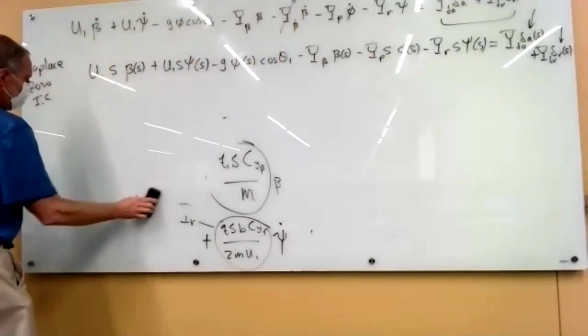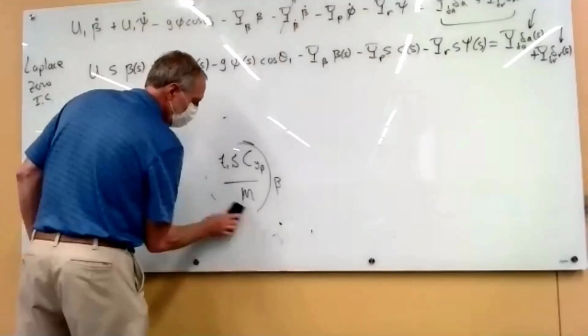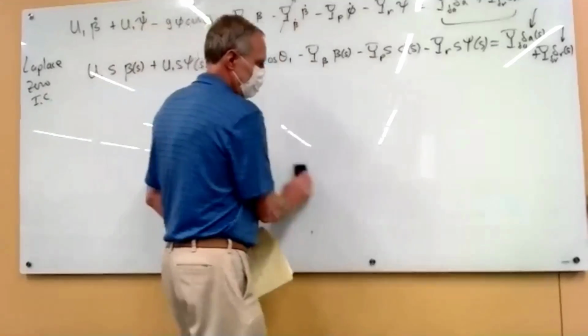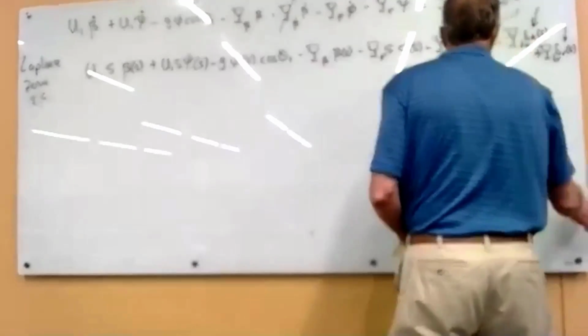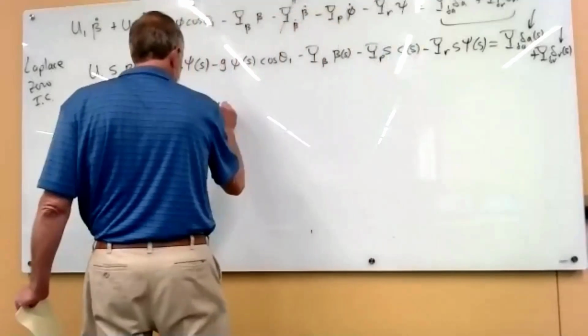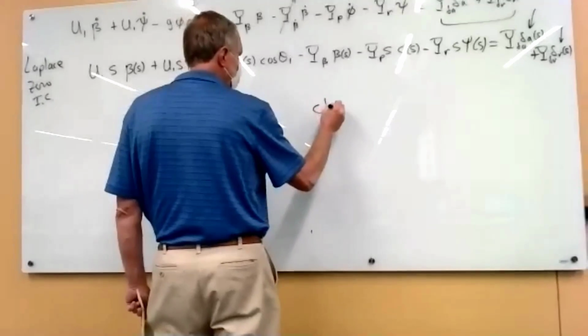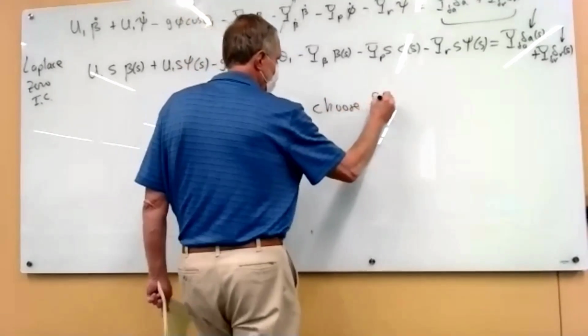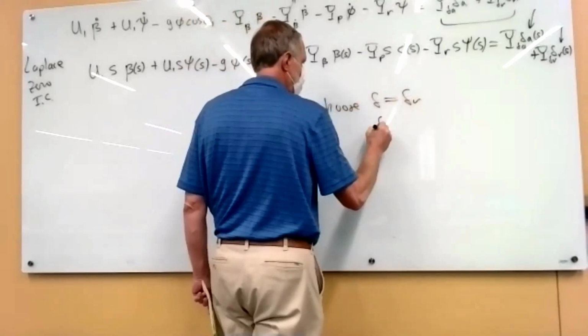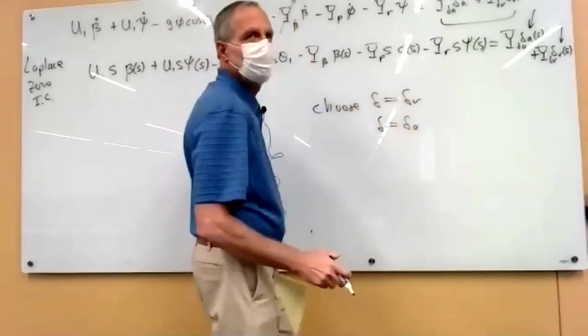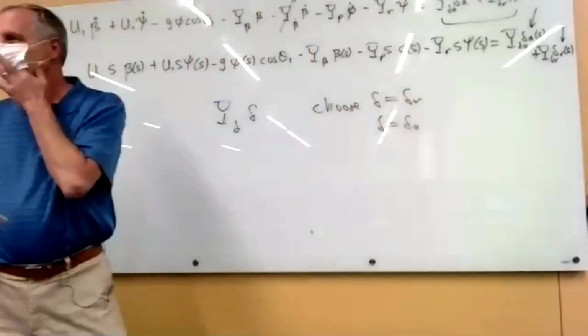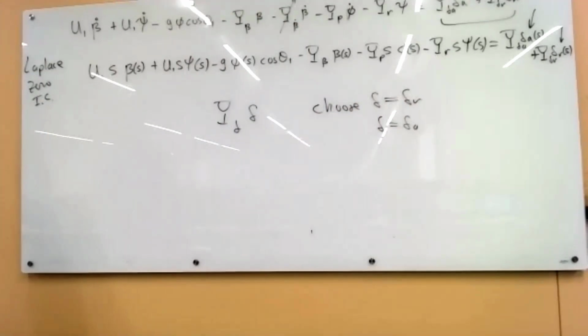So instead of keeping both inputs on the right side, he calls it y delta times delta, and you choose whether delta is the rudder or the aileron. And that way you just get transfer functions for those. And either one will feed into the input. You can turn the aileron on and the rudder off, or the rudder on and the aileron off.